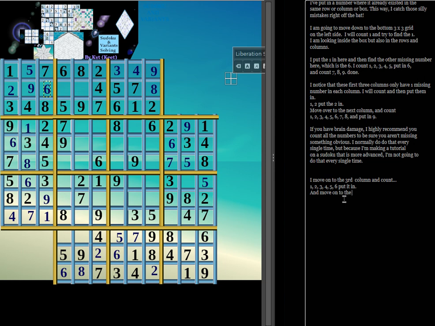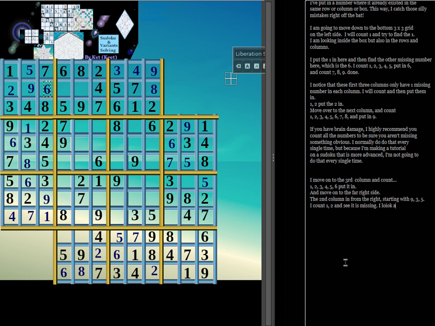To the far right side. The second column in from the right, starting with 9, 3, 5. I count 1, 2, and see it is missing.